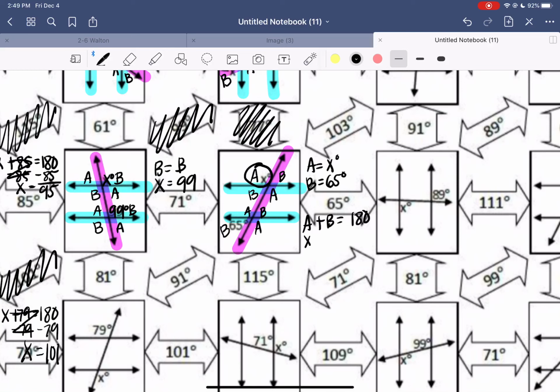So A is X plus B is 65 degrees equals 180. So we'll subtract 65, and we get 115. So X equals 115. All right.